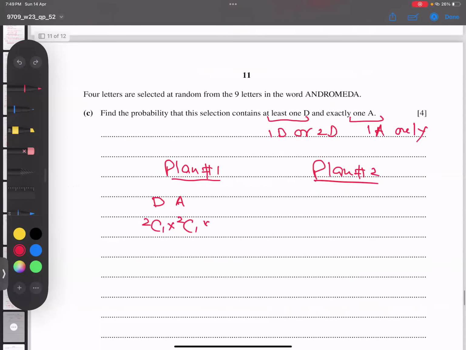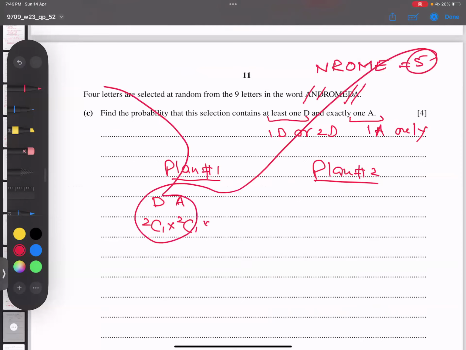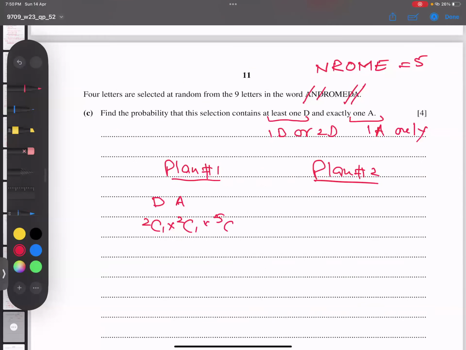Let me cut it here. I cut both A's, I cut both D's. What is left? N left, R left, O left, M left, E left. So 5 letters left behind. Because 2 are already selected, 2 are left to choose from 5, so I can say 5C2. So this is a 2, this is a 2, and this is a 10. I think it is clear, 5C2 is 10, plus.